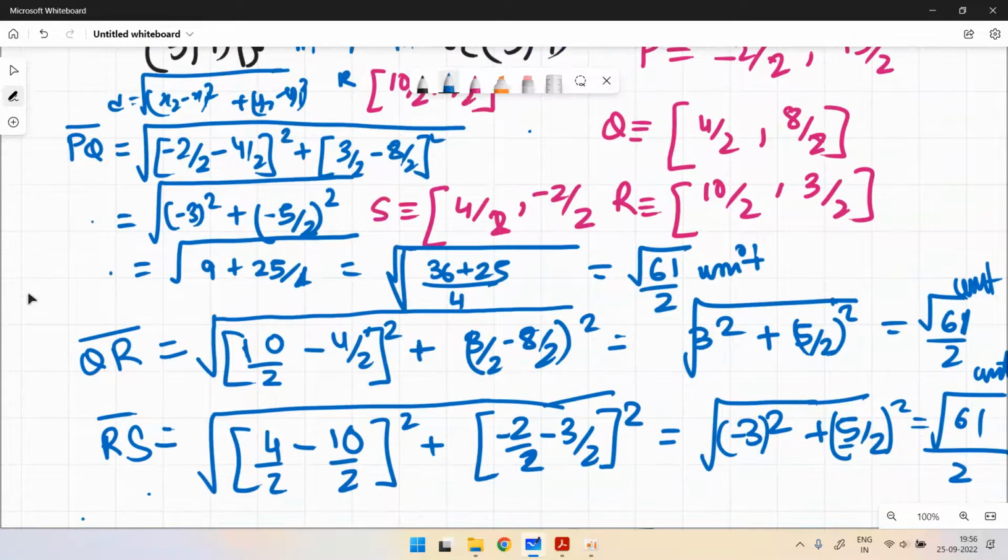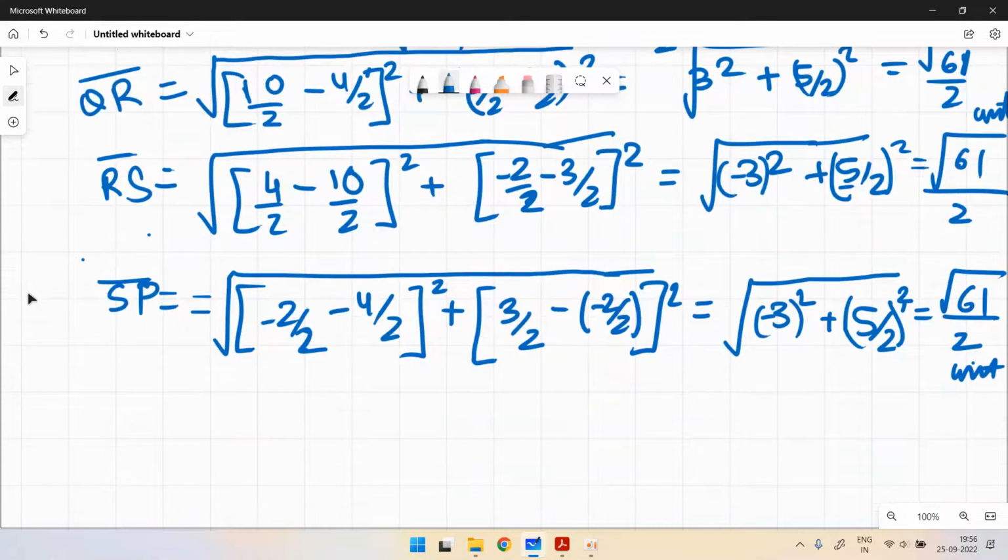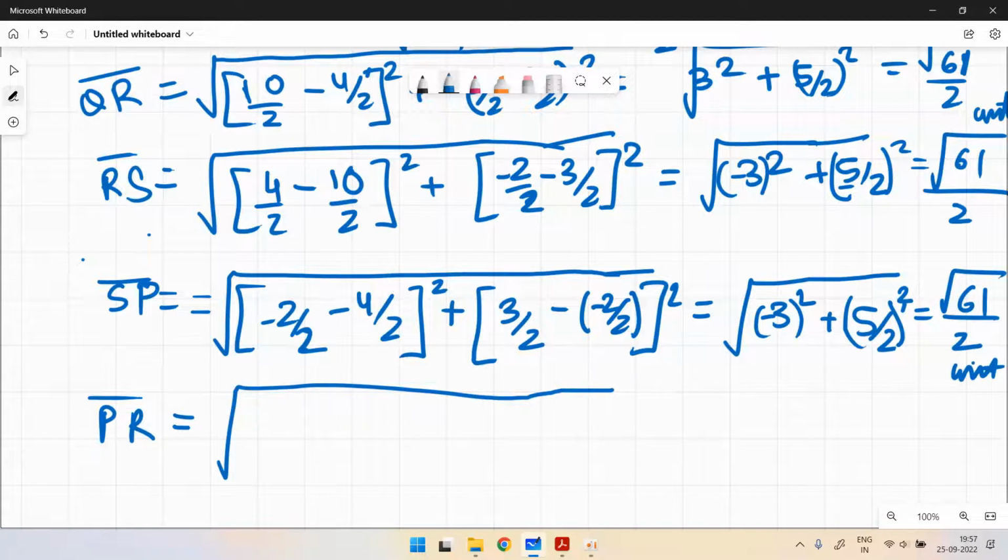First, to calculate PR, this is ultimately (-2/2 - 10/2) squared plus (3/2 - 3/2) squared.